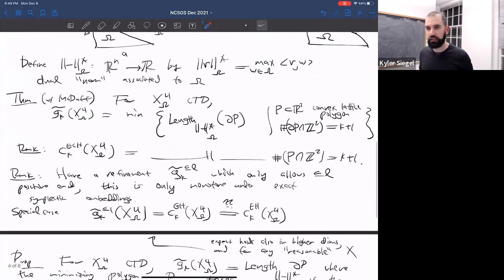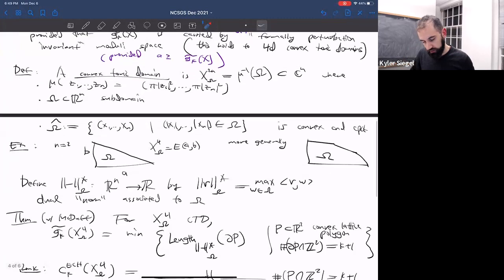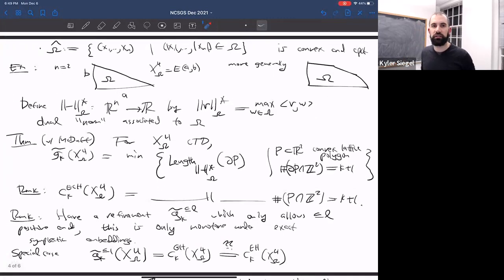And then, as you already alluded to in your question, defining a generalized version of this capacity, like the higher genus version, is worth exploring, and the more general rational curves also.